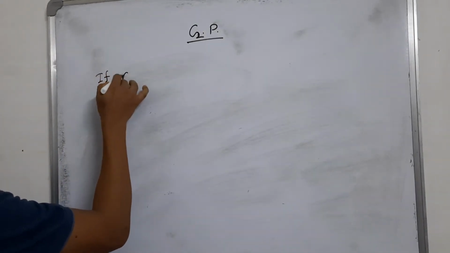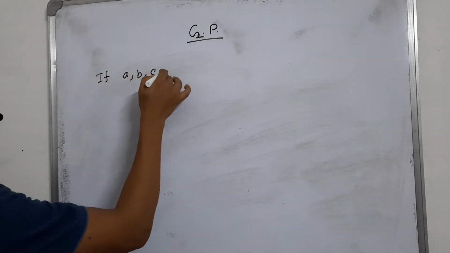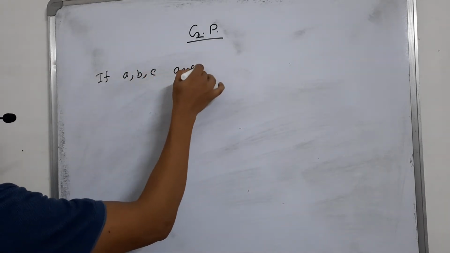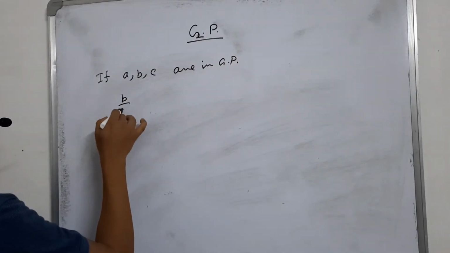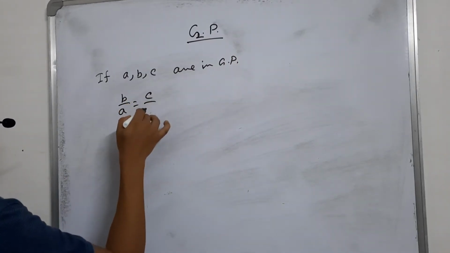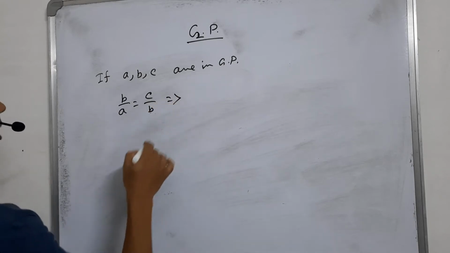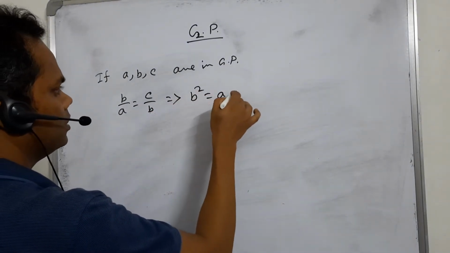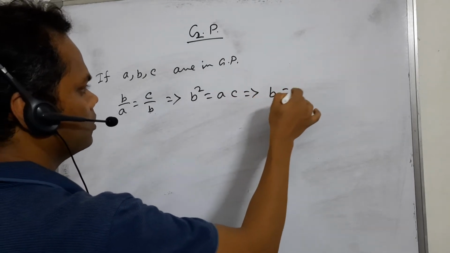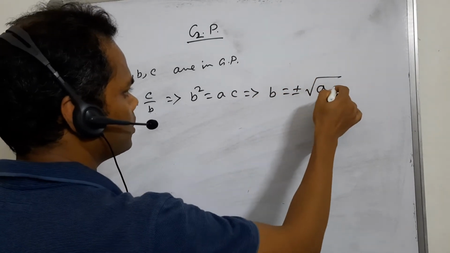If a, b, c three terms are in GP, then second term by first term equals third term by second term. That can be written as b into b, that is b square equals ac, or b equals plus minus square root of ac.